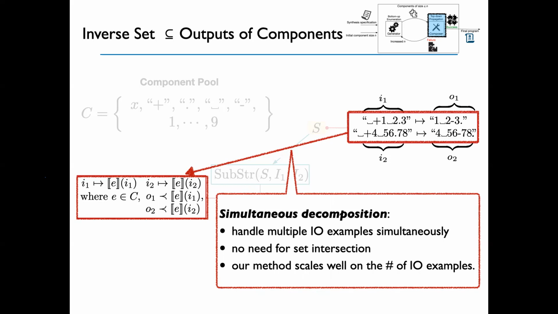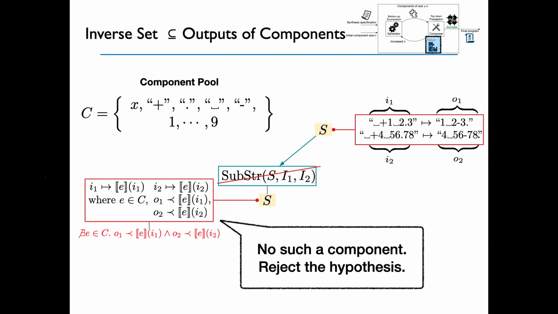This simultaneous decomposition obviates the need for set intersection, thereby scaling well on the number of input-output examples. After searching for a component that produces strings containing the desired output O1 and O2, we conclude there is no such component in C. We reject the hypothesis and move on to other hypotheses.